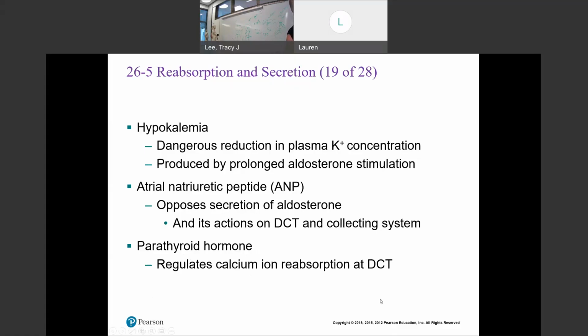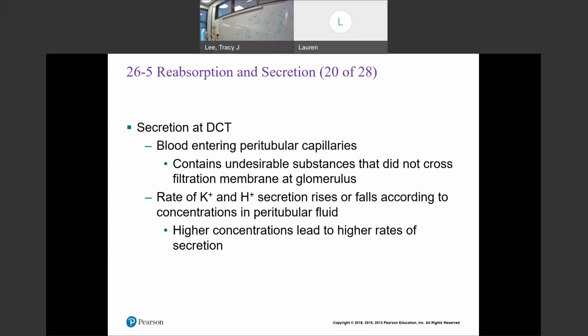Low blood calcium. So I would take it out of the distal convoluted tubules and put it in the blood, right? If I have parathyroid hormone. So all of these are going to be influencing right here at the distal convoluted tubules. Is everybody good? All right.